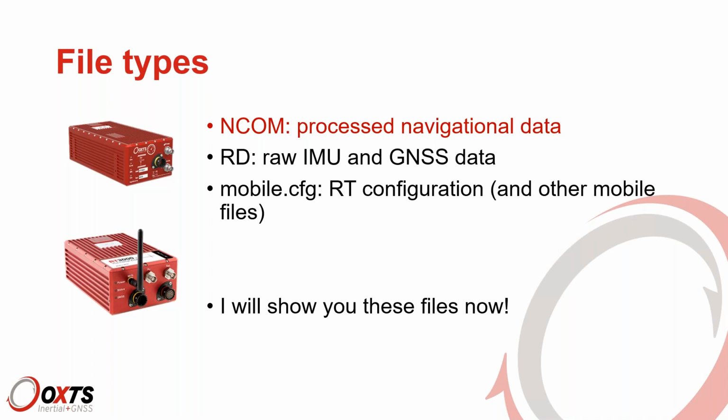So on an RT device, there will be certain files which are stored on the internal memory of the RT by default, and these are RD files. RD stands for raw data, and these files contain the raw acceleration and angular rate data from the IMU, and also all of the measurements from the GNSS receivers.